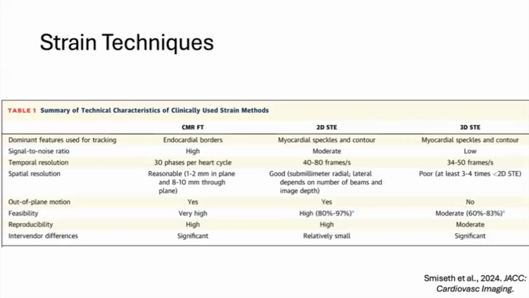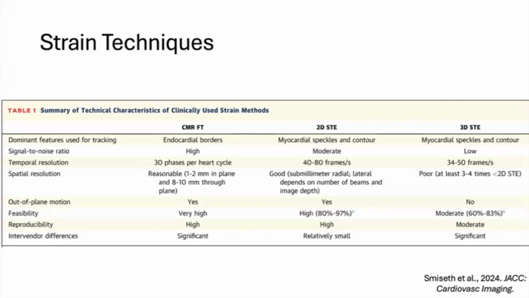In contrast, 2D speckle tracking echo strain analysis has a moderate but not quite as good signal to noise ratio as MRI, but it definitely scores points for its high temporal and spatial resolution, as well as feasibility and reproducibility, not to mention, in most cases, the cost and accessibility of echo technology versus MRI technology.